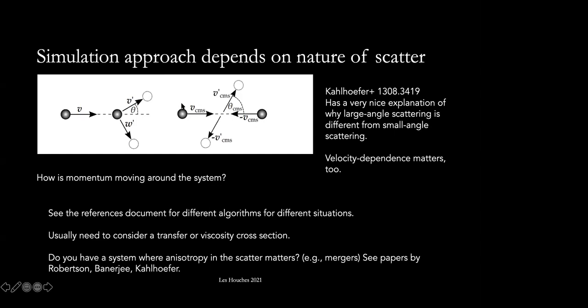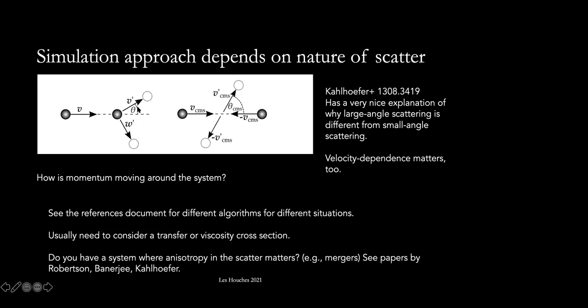So the thing that matters is getting the momentum and energy transfer right. The various algorithms that exist are designed to get the energy and momentum transfer right, not necessarily the physical details of scattering.